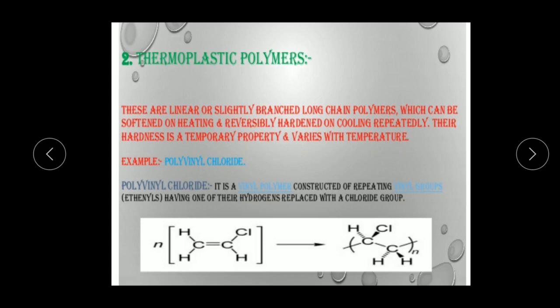Their hardness is a temporary property and varies with temperature, which means, dear students, that once we heat these polymers they become softer, so they are called thermoplastic materials, which are made up of branched straight chains. For example, polyvinyl chloride.